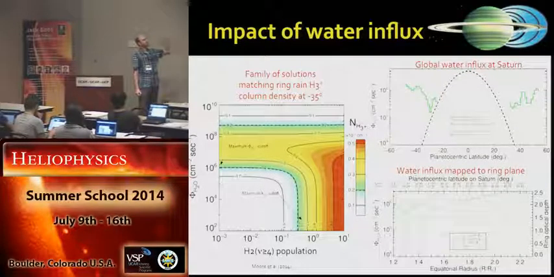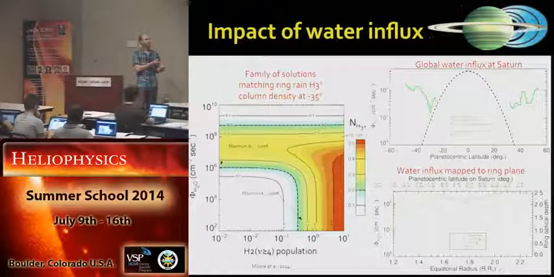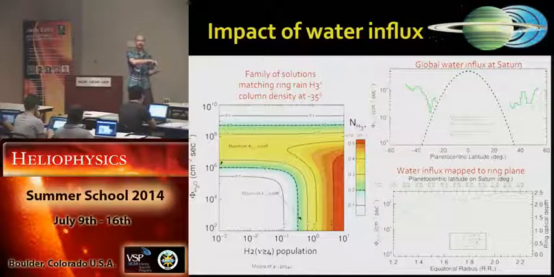So if you do this similar thing for each ring rain latitude, then you can derive a trend in latitude of the expected water influx from the rings. And then you can also take that water influx and map it back to the ring plane. That's what's shown here: water influx versus equatorial radius. The green curve is the water influx estimated from the H3+ observations at the atmosphere. And just to guide your eye, this is the optical depth of ring structure.